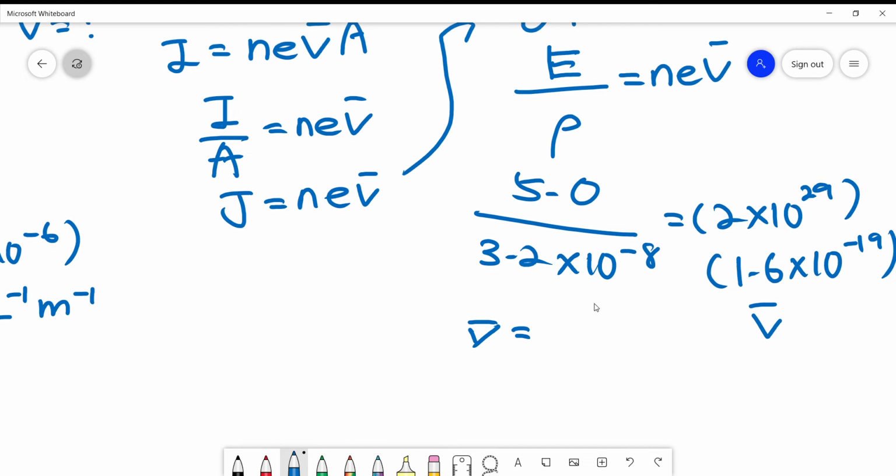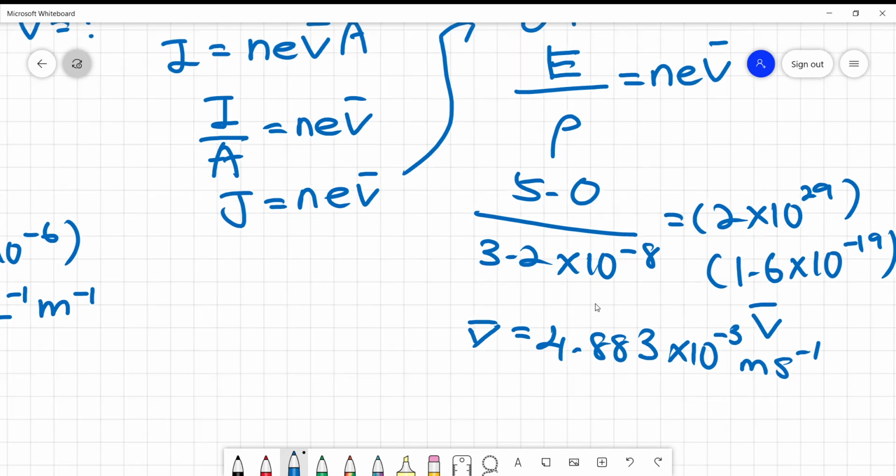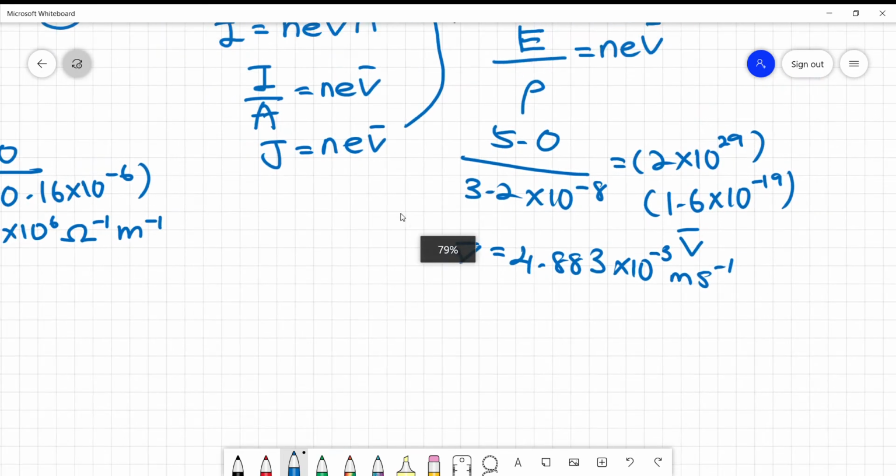Alright, the final answer that I got is 4.883 times 10 to the power of negative 3 meter per second. So this is how we find the drift velocity. This is part A.